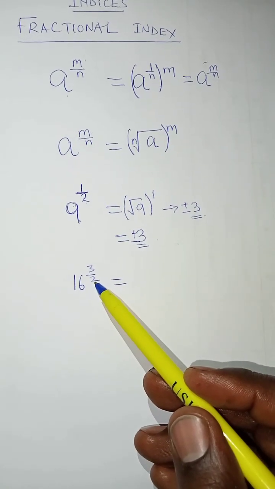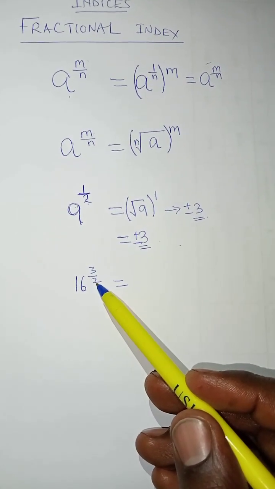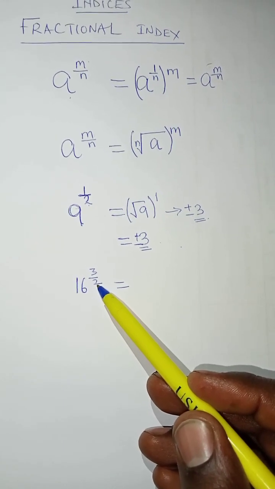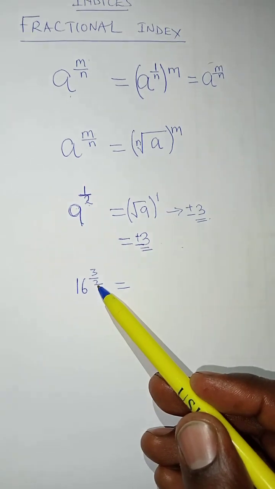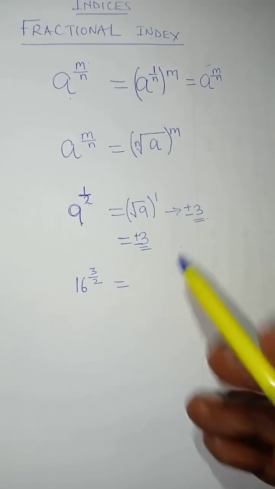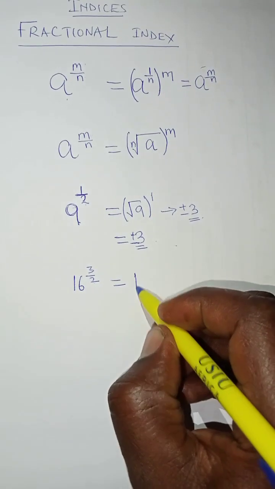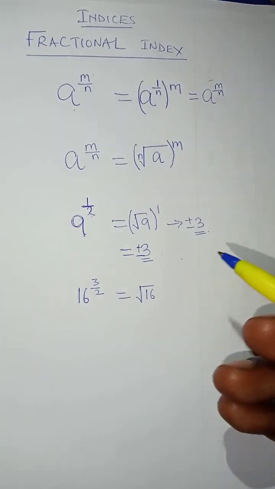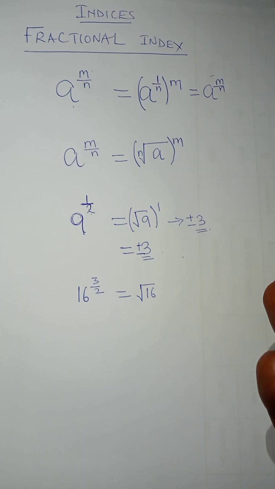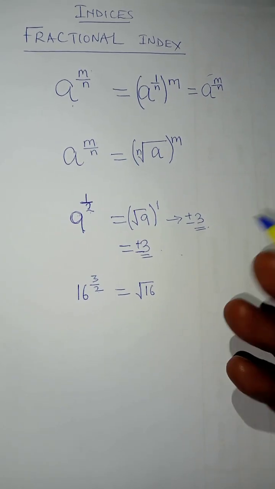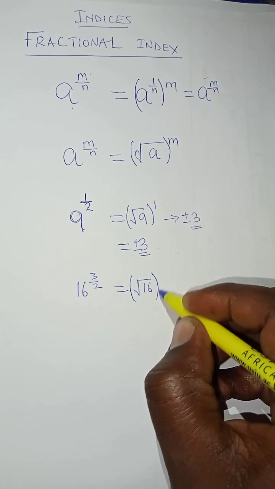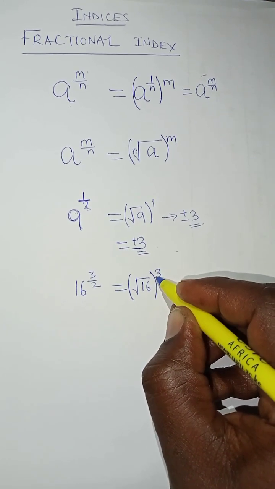So a 2 always represents a square root. A 3 represents a cube root. A 4 represents a fourth root, and so on and so forth. So today, first things first. The first thing is find the square root of 16, which is 4, positive or negative 4. Then after getting that, raise your answer to the power of positive 3.